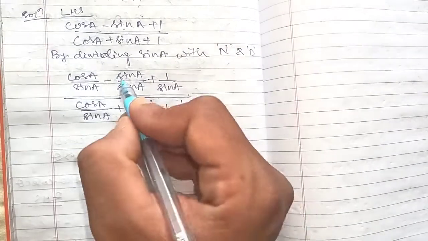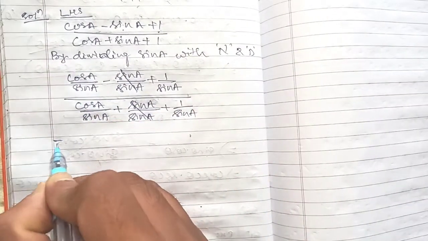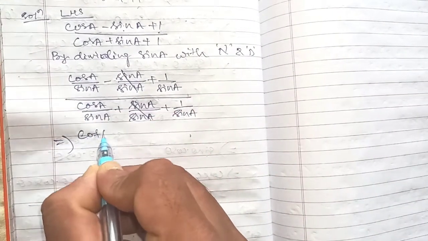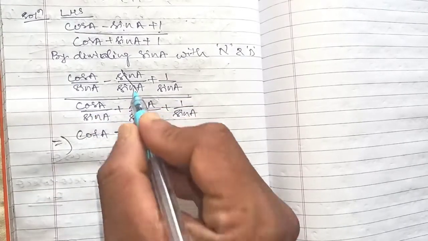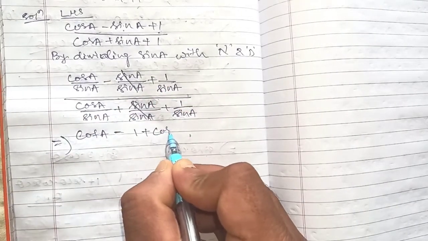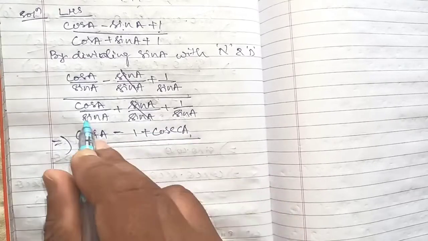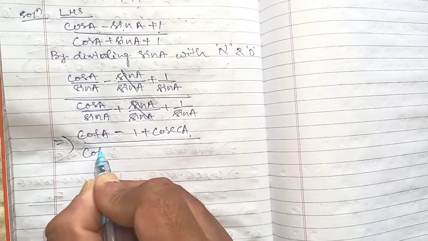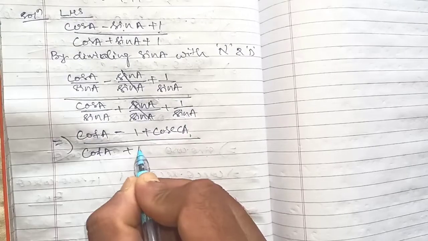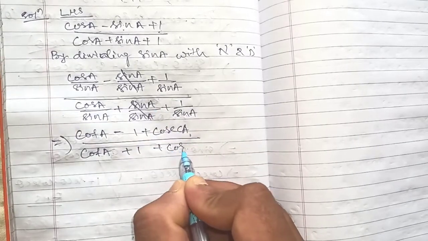Okay, now these two cancel. What we will get? Here we will get cot a minus 1 plus cosec a, and in the denominator, again cot a plus 1 plus cosec a.